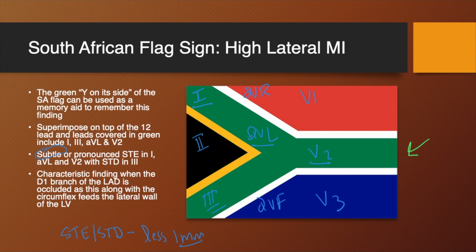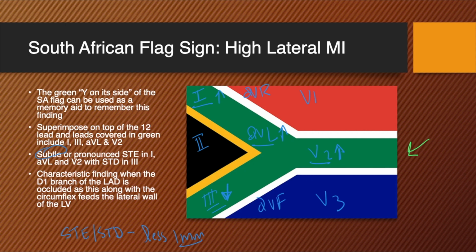So you're going to have subtle ST elevation in lead 1, subtle ST elevation in lead AVL, as well as possible ST elevation in V2 and ST depression in lead 3.